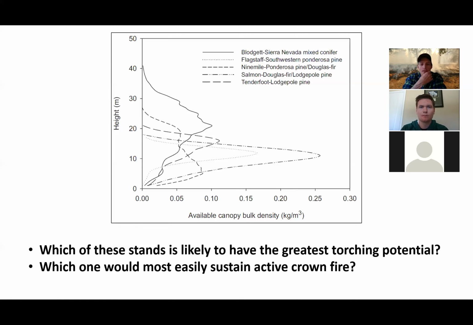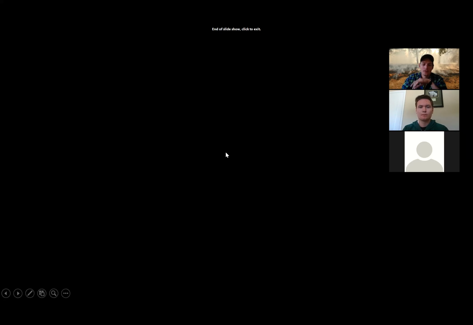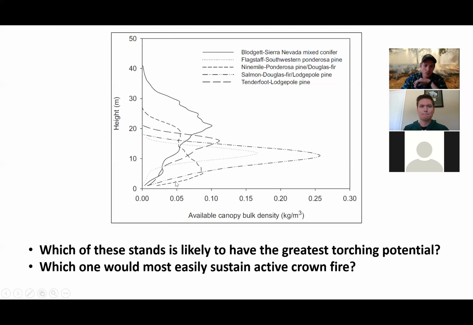I think typically one that gets used is, I could go back to that slide, but basically, say our bulk density cutoff is 0.5, we just could draw a straight line here at 0.5. And wherever we hit that line, that would be the canopy base height. So that's just another method, basically saying that we need some minimum amount of fuel in the canopy for it to be relevant. But yeah, I like these.